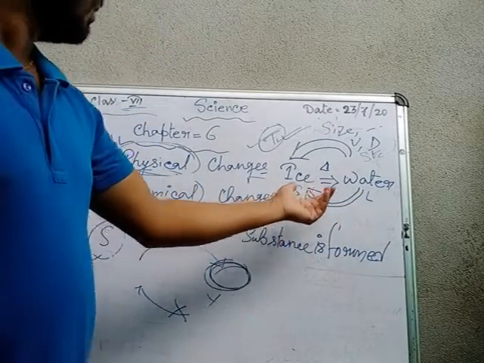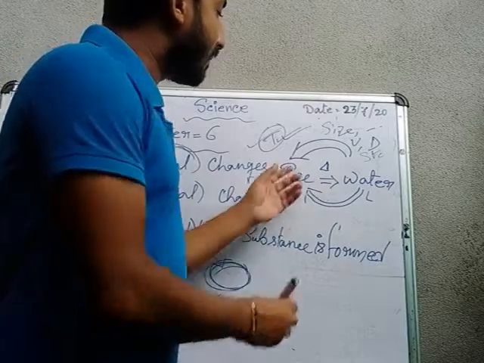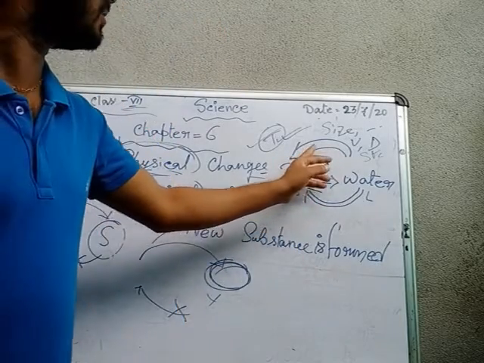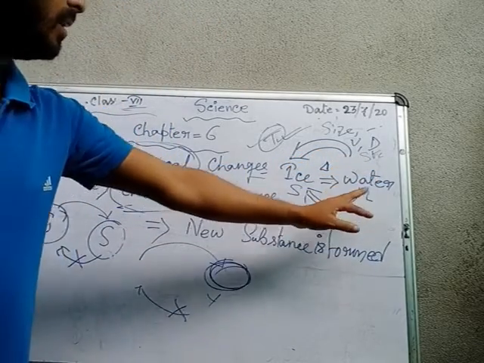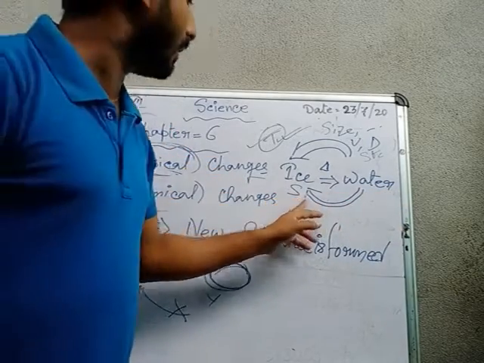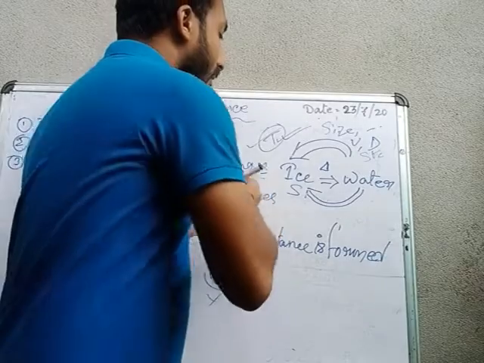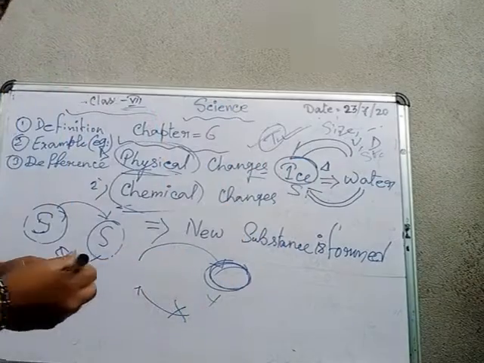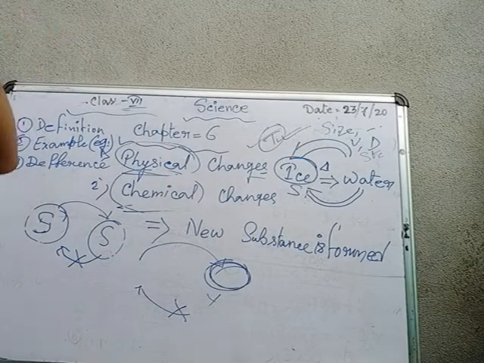If we give some heat, on melting, ice will be converted into water. If we take heat from water, it will come back to the previous ice state. So it is a physical change.